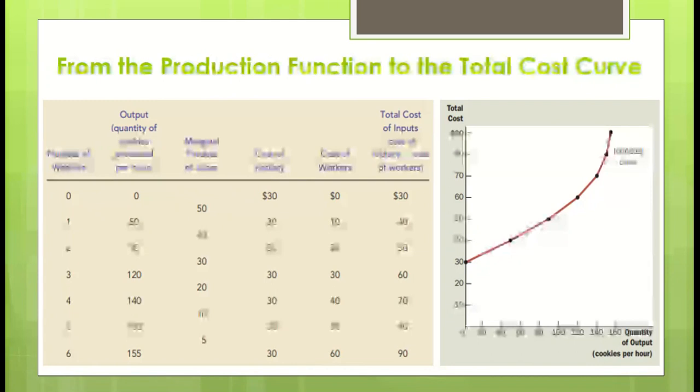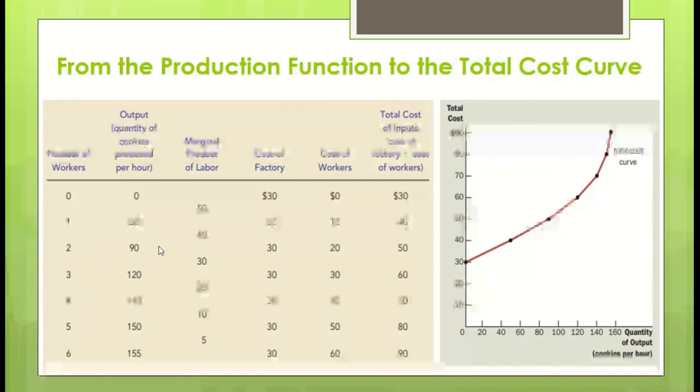And here the cost of capital is again fixed, that is $30, and the cost of labor is $10. So adding them up, we get $40 as the total cost of input. If the number of workers is 2 now, then the output produced here is 90 units. We can say that 90 units of output are produced if there are 2 workers here. And the marginal product of labor is 40.